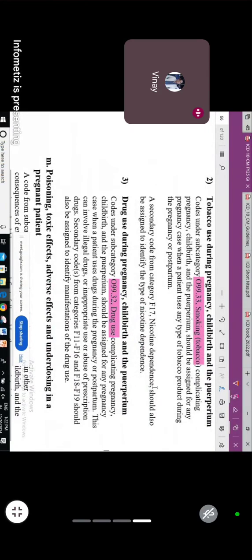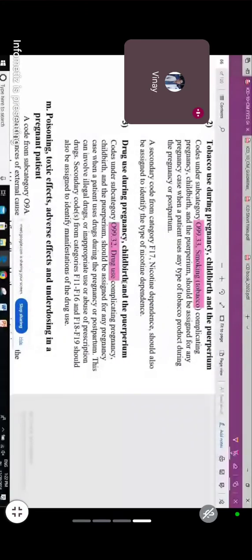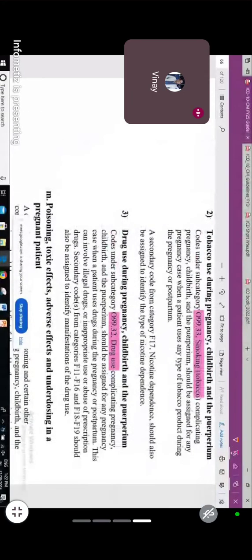Along with that, you can code a chapter 5 code, whether it's use, abuse, or dependence. Yesterday we have seen, right? Use, abuse, dependence. That also you can code after the O99.3 series code.